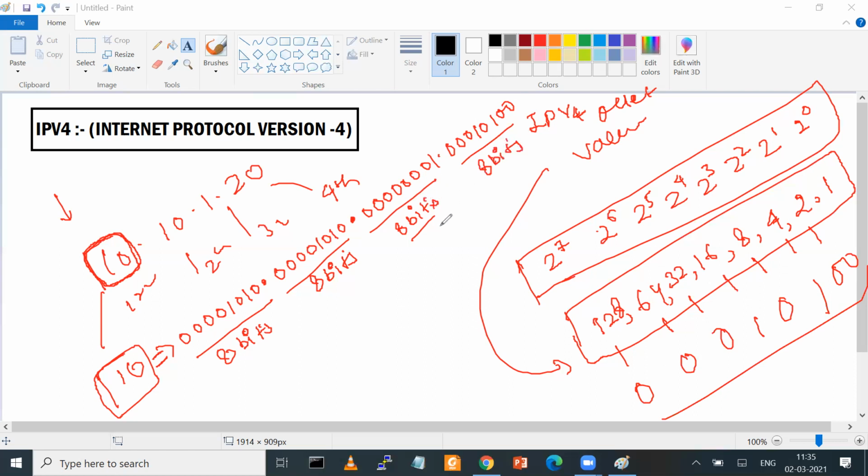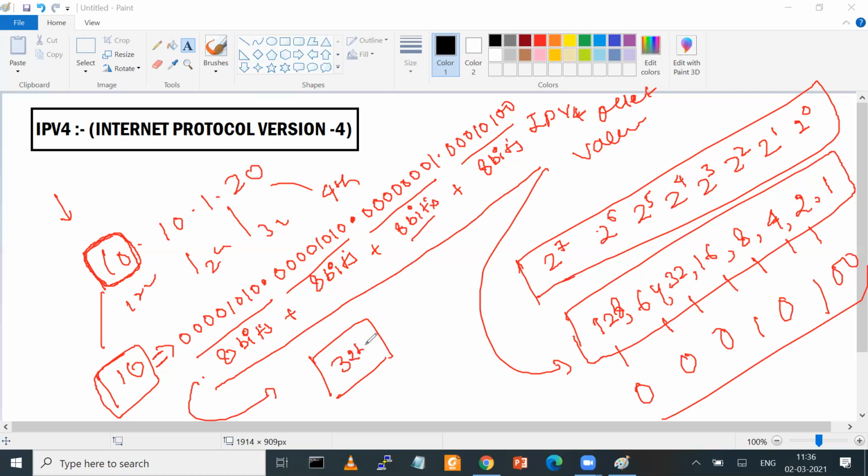So guys, now it's proved that we have 32 bits in IPv4. Look, 8 8 8 8, add them all, how much does it become? Now it's become easy to understand. If someone asks how you can prove that an IPv4 address has 32 bits, you can simply convert it into binary in the form of octets, and then you can make anyone understand how it is 32 bit.